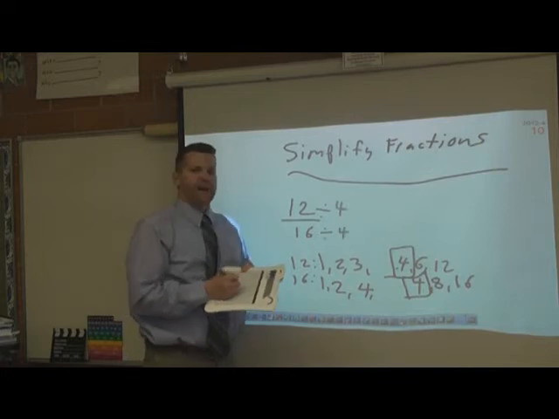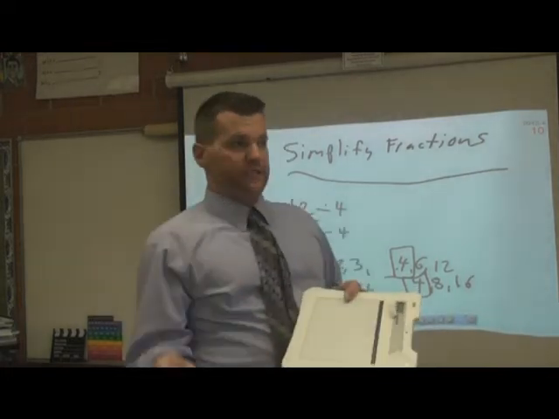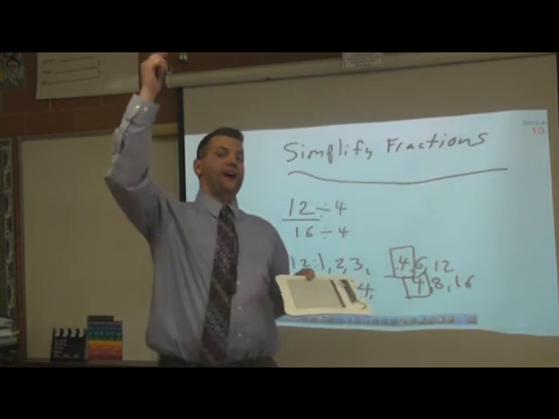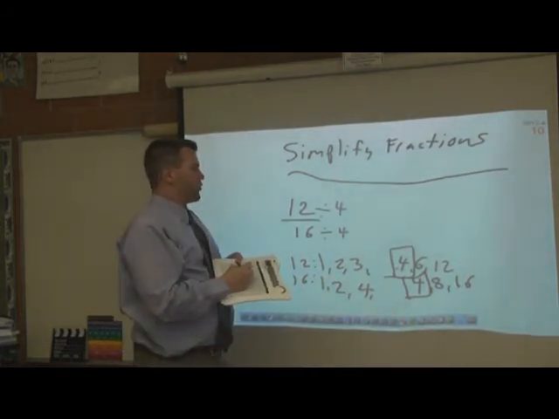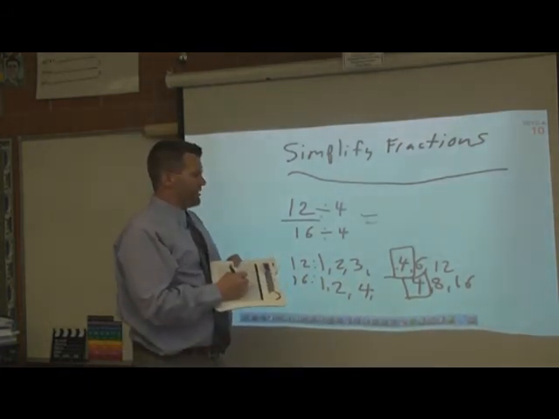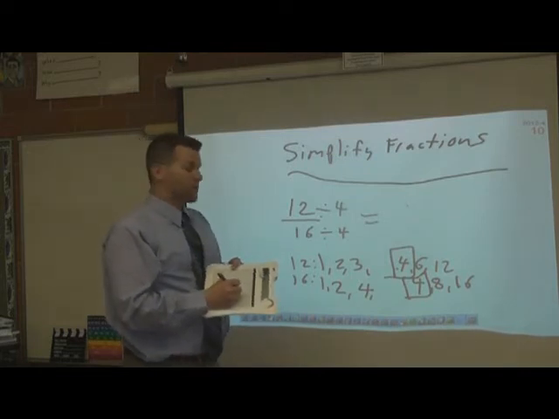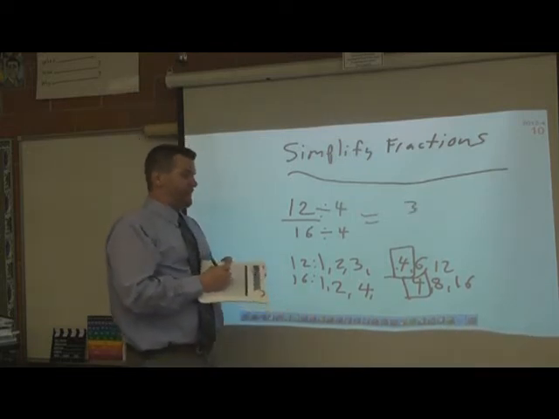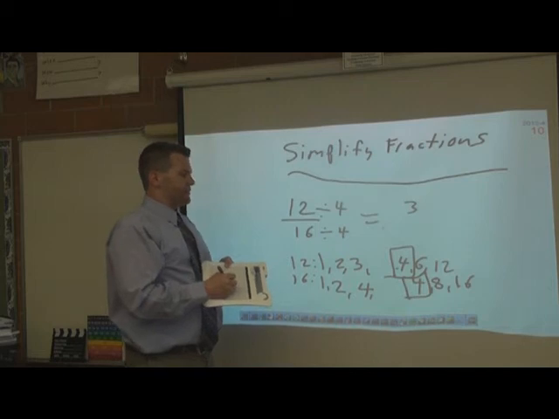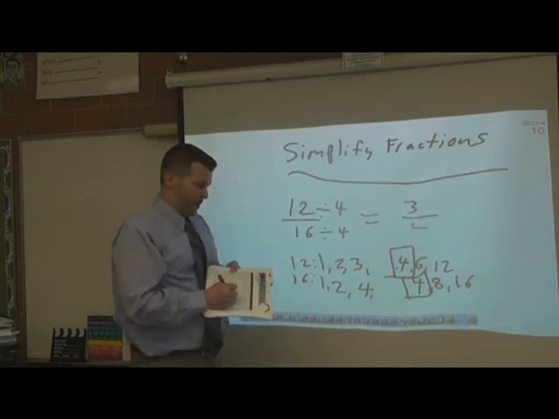Whenever you do something to the top, you always do it to the bottom, or whenever you do something to the bottom, you always do it to the top. So, 12 divided by 4 is equal to 3. 16 divided by 4 is equal to 4.